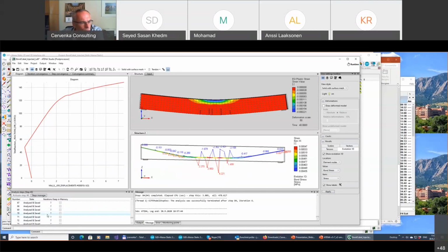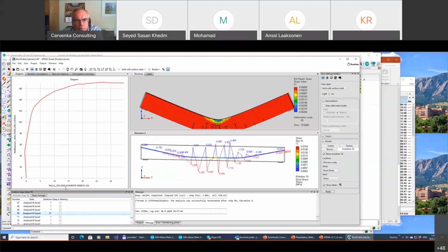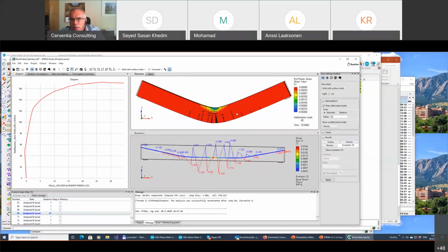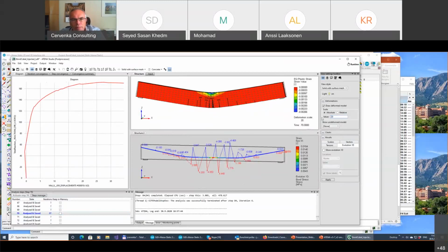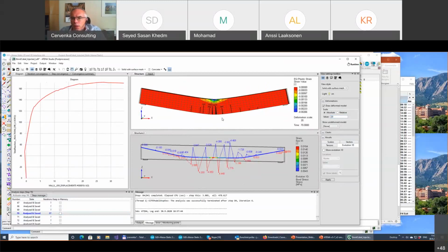So if we go now all the way to, this is basically close to the peak, or actually at the peak, I think. We decrease the scaling quantity. At this point, you see a lot of strain in the tendon, indicated by this color.